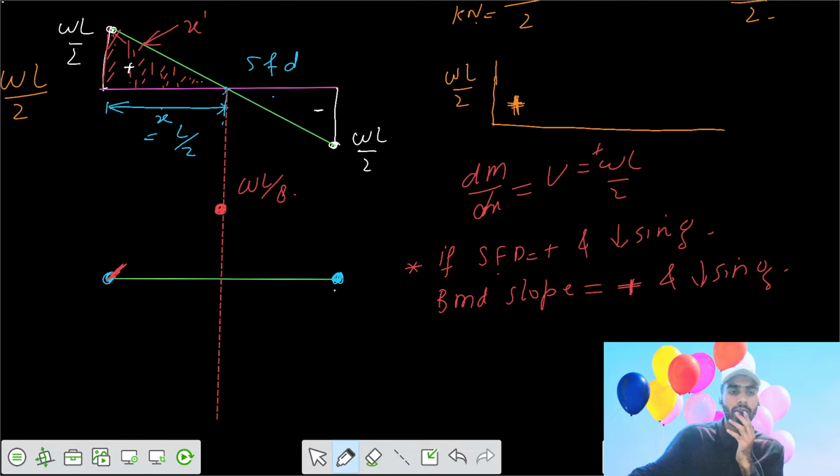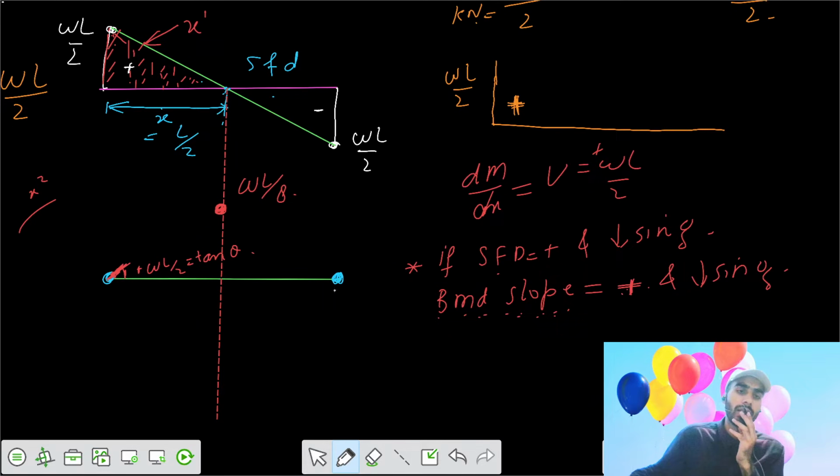We know that the variation is parabolic variation, that is x square. But if we use this, the bending moment slope is positive and increasing. The slope is some positive value of WL by 2, this is your slope tan theta. But the bending moment is positive and decreasing.